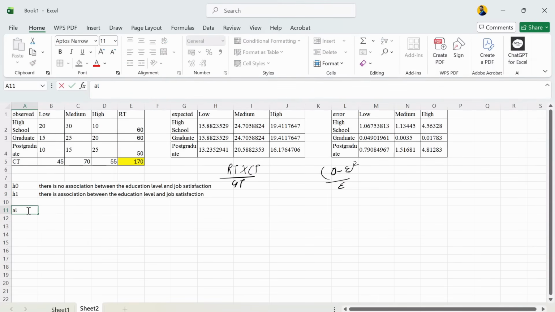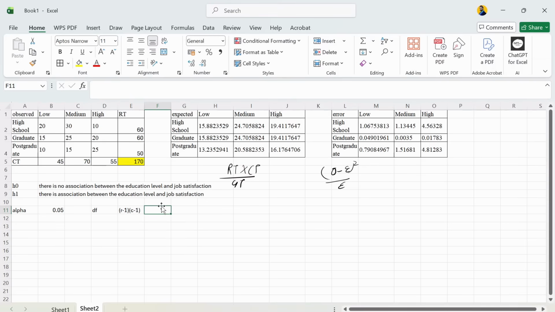Now we will define our alpha, which is again 0.05. Now we will write down the degree of freedom. In chi-square, the degree of freedom is written this way: (r minus 1), parenthesis close, new parenthesis start, (c minus 1). Basically, r is the number of rows, c is the number of columns.